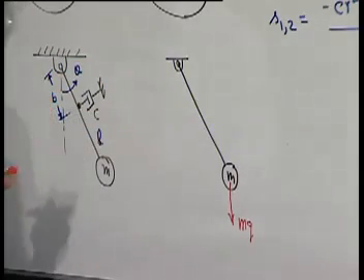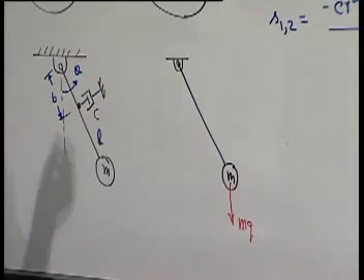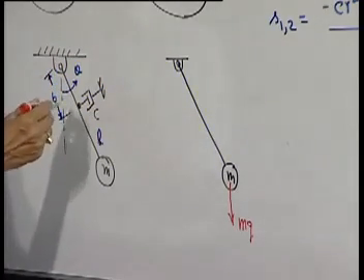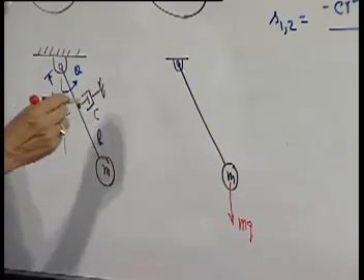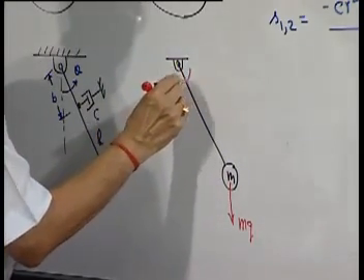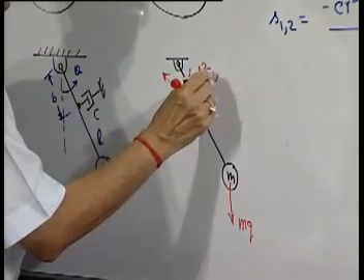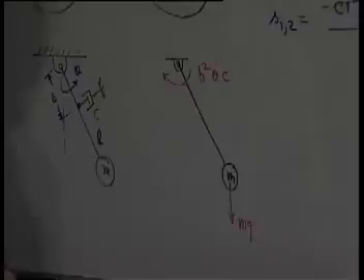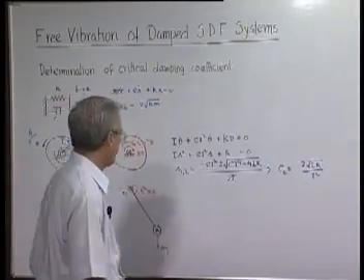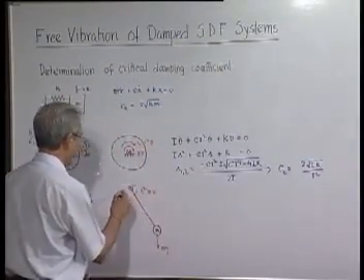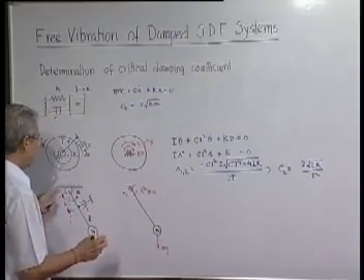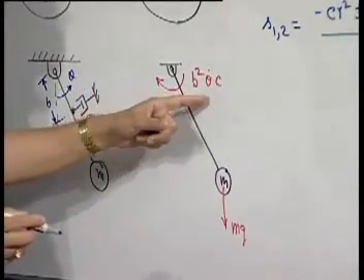So, the force will be c into b into theta dot, and its moment here will be c into b into theta dot into b. So, therefore, b square theta dot into c. So the moment of the damping force is given by this.